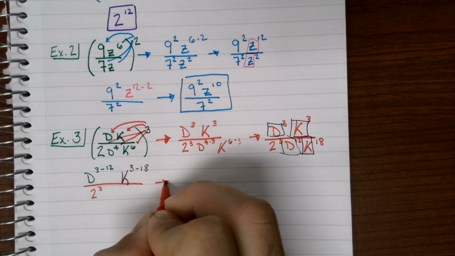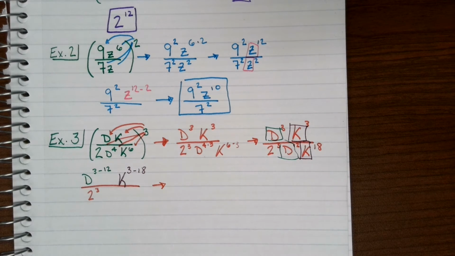Now, what's 3 minus 12? It's not 9. 12 minus 3 is 9. Oh. 3 minus 12.